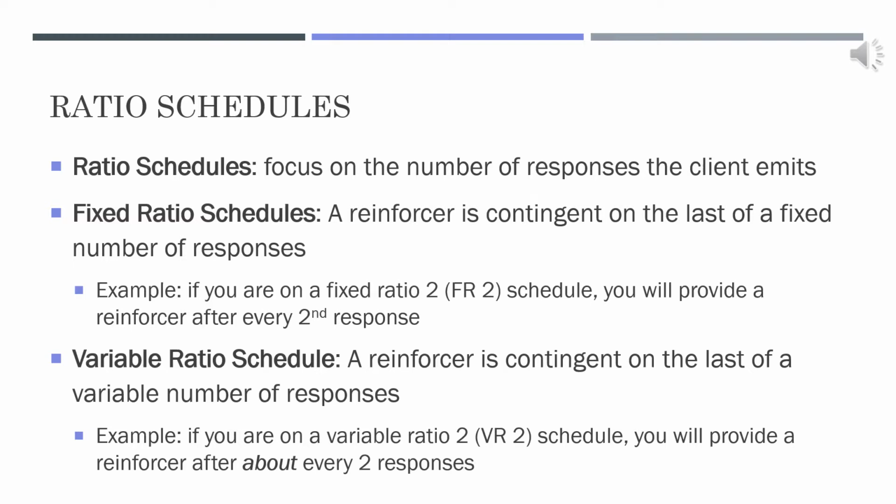If you're working on imitation with a client, you may provide a reinforcer after the first response, and then require 3 consecutive responses before allowing access to another reinforcer. At the end of the session, the amount of responses required to receive a reinforcer should average to 2 responses.